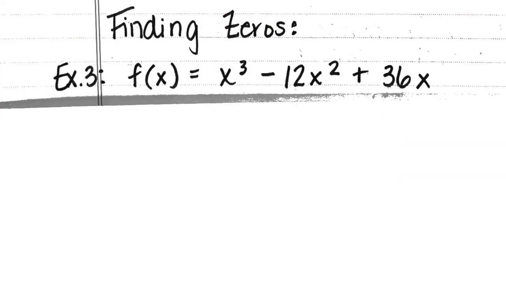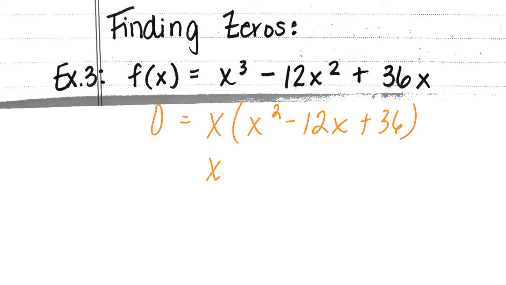Now, there are many, many ways we can find zeros. This one you know how to do. We can just factor. So I know I'm finding zeros if it is equal to 0. And here I can factor out an x. And I have x squared minus 12x plus 36, which can continue to factor, which is x minus 6 quantity squared.